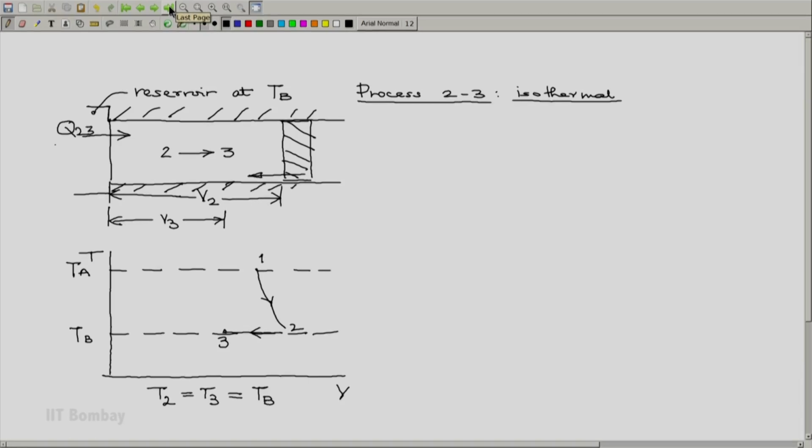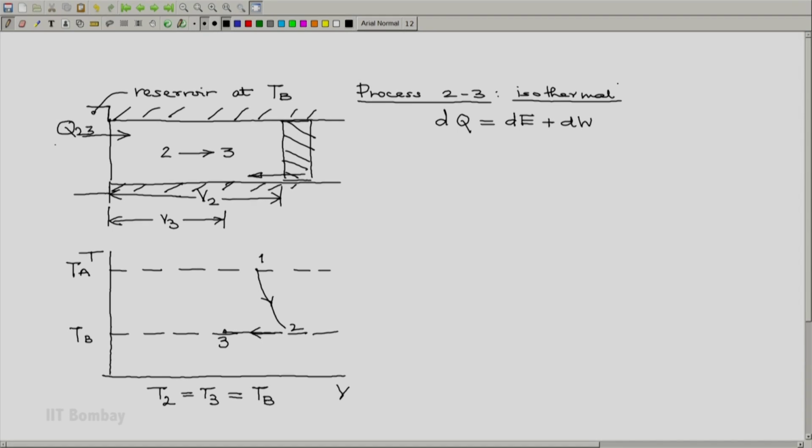Now let us go to the process 2-3, the second process. It is an isothermal process and it is an isothermal compression process. We know that when we apply first law to a small part of this process, we will get dQ equals dE plus dW.